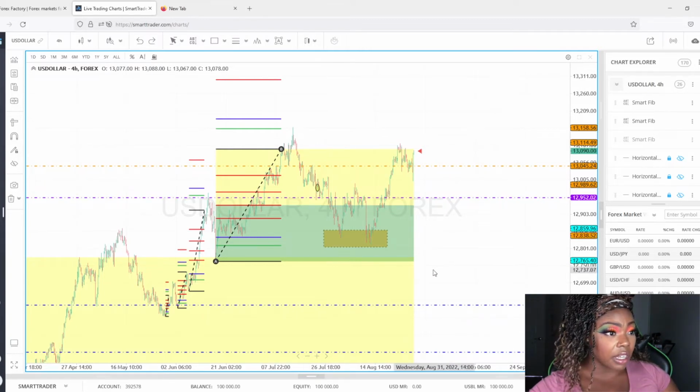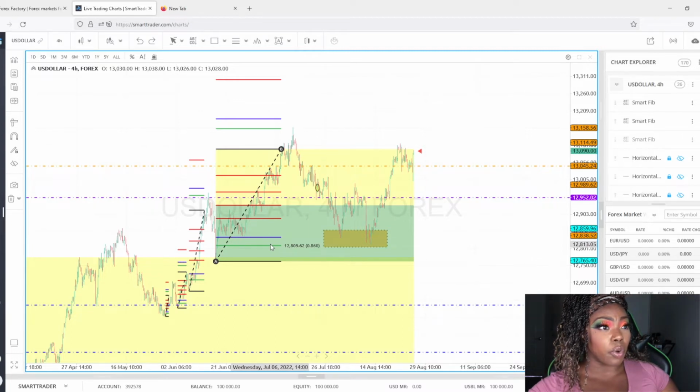Actually, it might even have retraced to the 86% level as well before going back up. So now we see that whenever you're doing a Fibonacci, green matches with green, blue matches with blue, red matches with red. Since we did have price come down to this 86 level here, we can expect this fib to be done once we get up here.